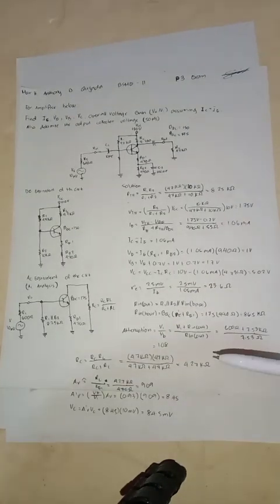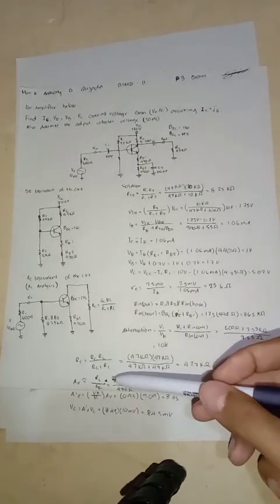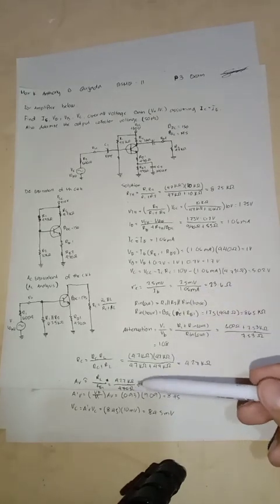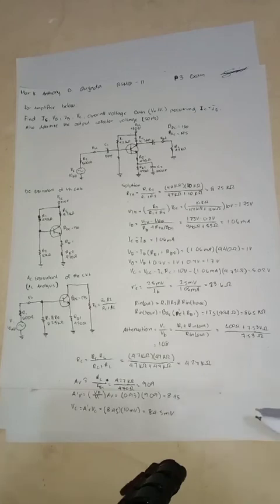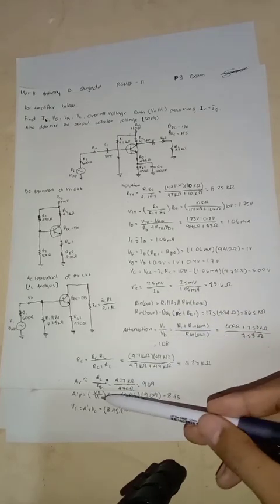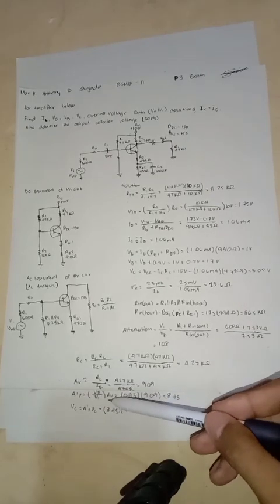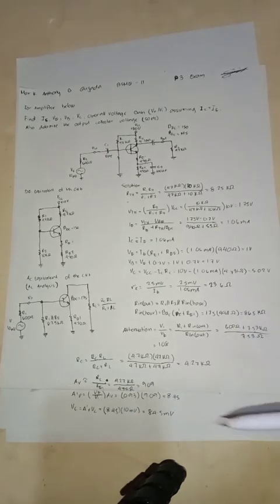And now we will proceed to the voltage gain from the base to collector, and the formula is RL over RE1. So 4.27 kilo ohms over 470 ohms is equal to 9.09. The overall voltage gain is the reciprocal of the attenuation, which we multiply by our amplifier voltage gain.